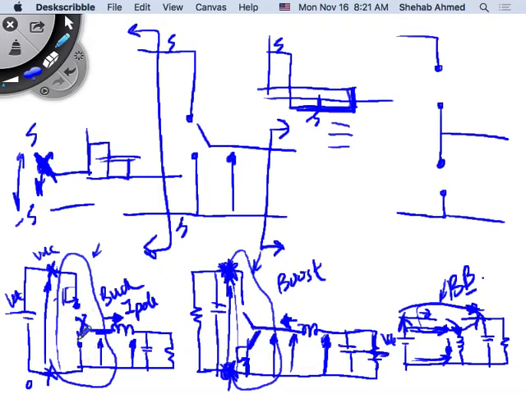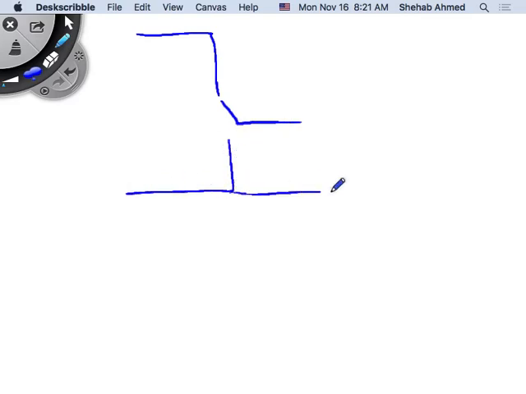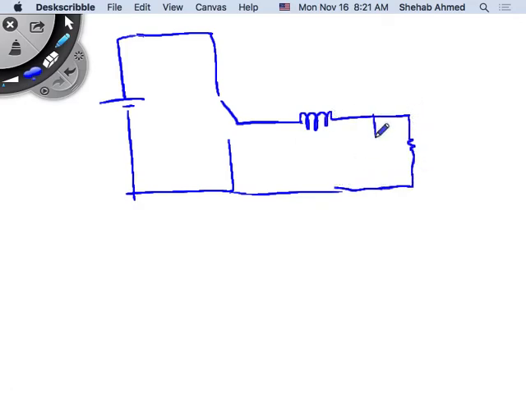Remember, again, let me erase and then redraw it nicely. This is oscillating between these two nodes, right?